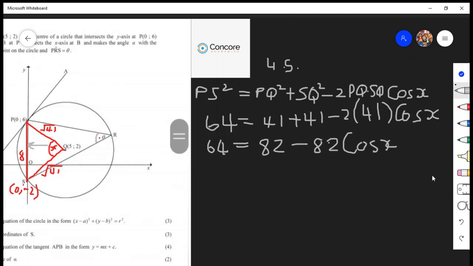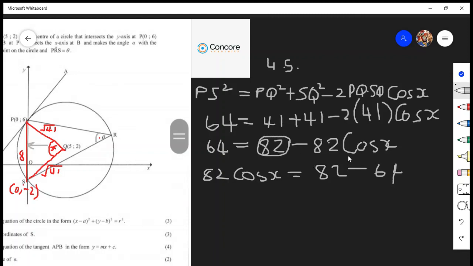Okay, so then we can transpose cos X to the other side and get positive 82 cos X, which is then equal to 82, that was already here. I'm talking about this 82 now, minus 64, which was transposed from the left.